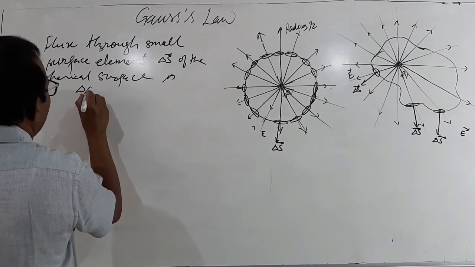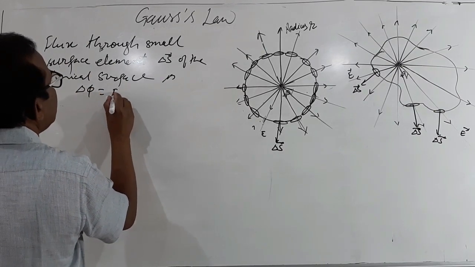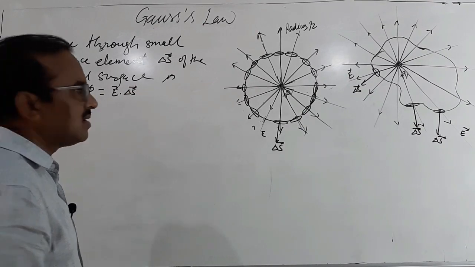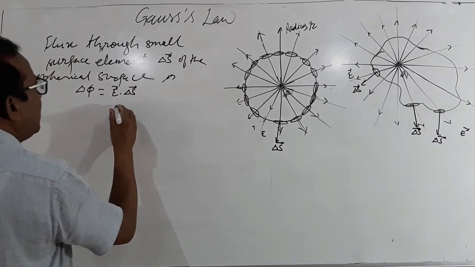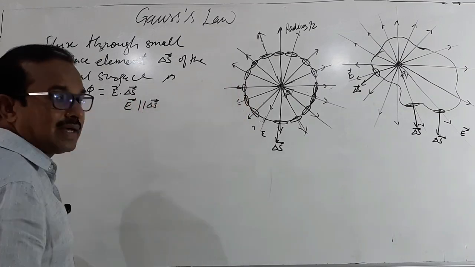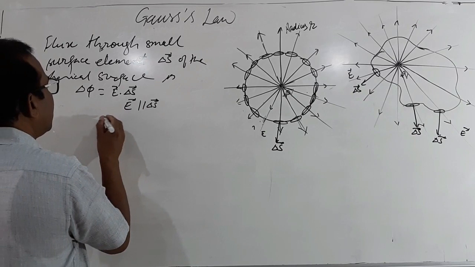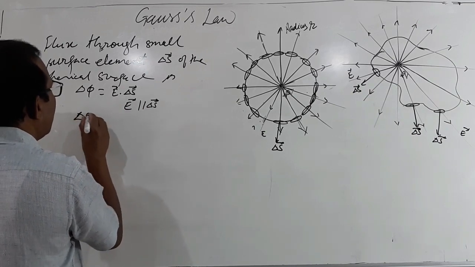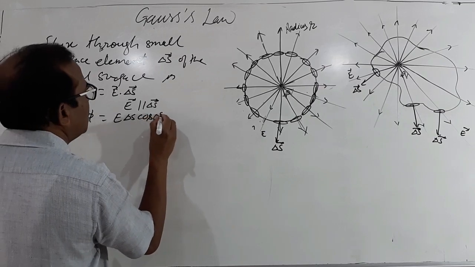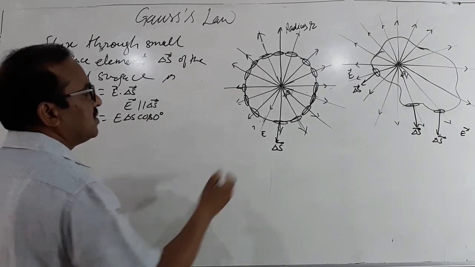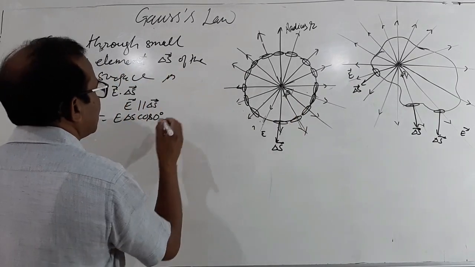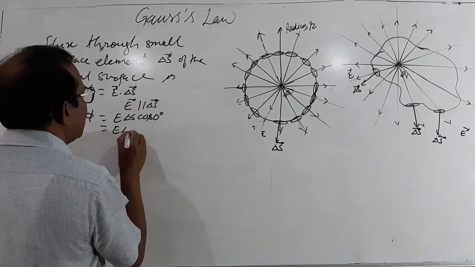You can write delta phi equals E dot delta S. Here E is parallel to delta S. So I am considering this simple case, then certainly delta phi equals E delta S cos 0. Everywhere the area vector and the electric field are parallel to each other, in the same direction, and this is equal to E delta S.